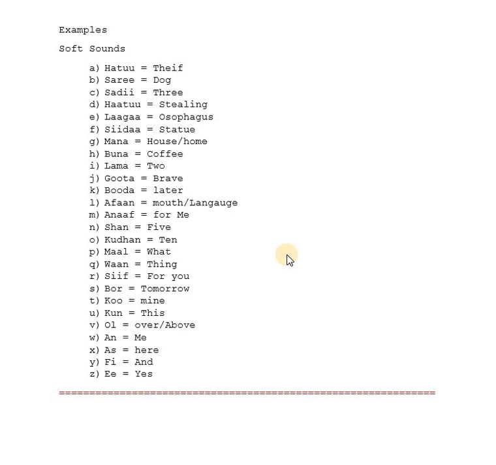Number 8, tari. Number 9, bareda. And number 10, sutuma.